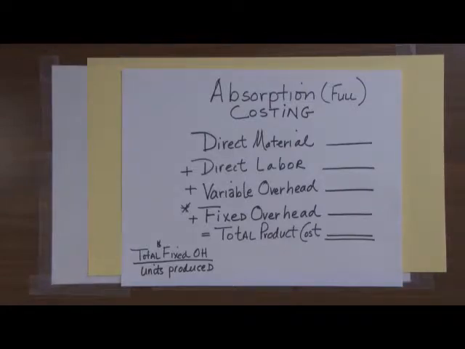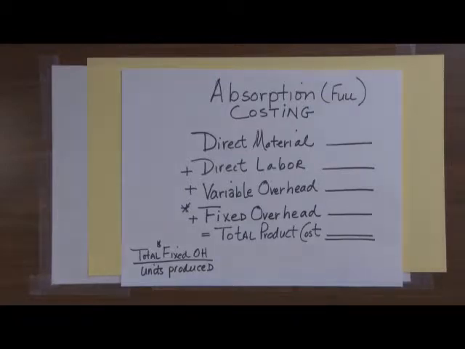What you see in front of you is a description of how we cost out a product using absorption or full costing. We take the direct material costs per unit plus the direct labor costs per unit plus the variable overhead costs per unit.